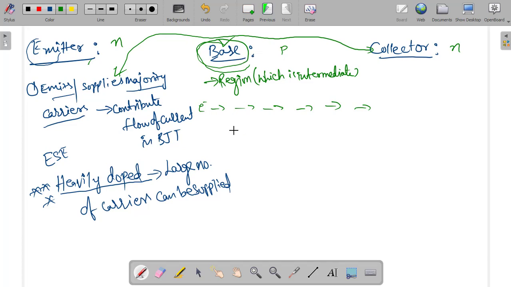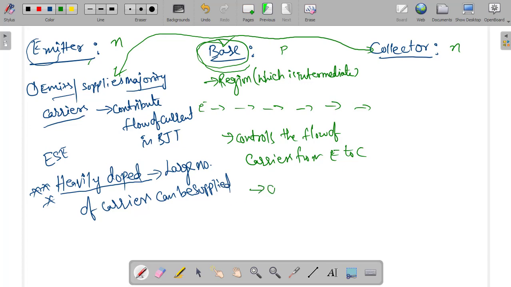So the current entering the base region will control the flow of carriers from emitter to collector, and hence you can control the current flow through it.